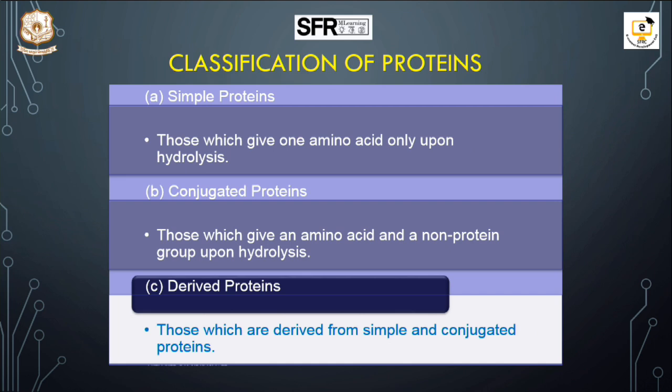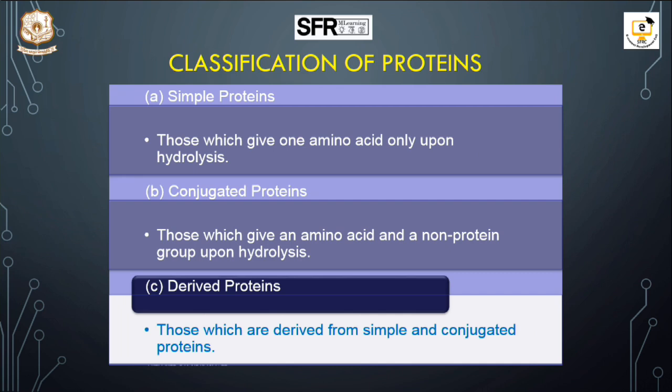Protein is classified into 3 types. The first one is simple protein, the second one is conjugated protein, and the third one is derived protein. Simple proteins, when subjected to hydrolysis, yield only amino acids; they are called simple proteins. A conjugated protein is when a simple protein is combined with some other prosthetic group.